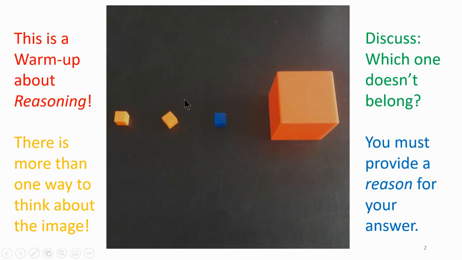If I were saying that this one didn't belong, my personal reason would be that it is the only one that is not placing all those right angles so that it appears to be a square. It's not placed so that a straight line is going horizontally. What about this one? What reason might you have for this one not belonging?